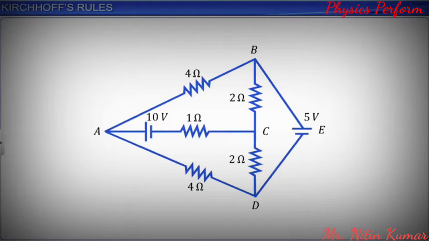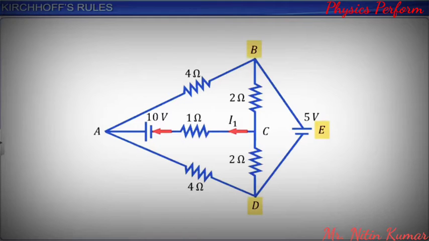The number of closed loops chosen depends on the number of unknown currents as per step number 1. Let us start with the branch AC for labeling the current and its direction. Current I1 leaves the positive terminal of a 10-volt battery. Therefore, the direction of current I1 is from C to A.